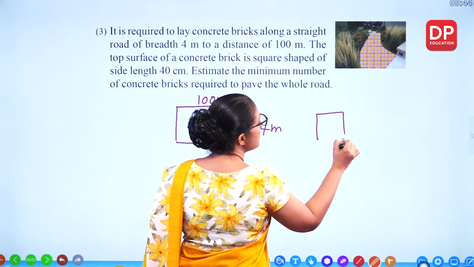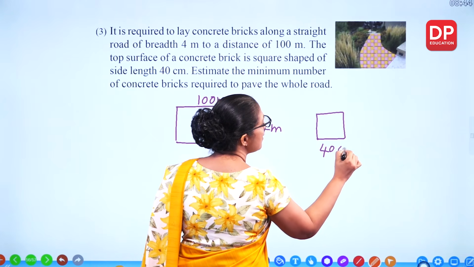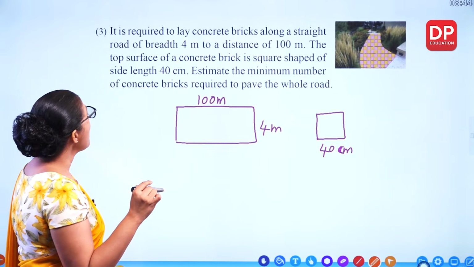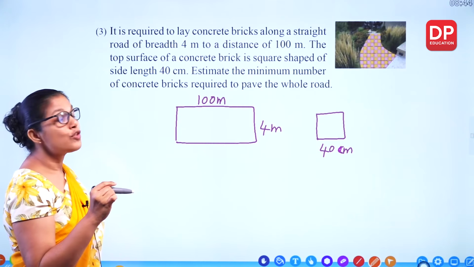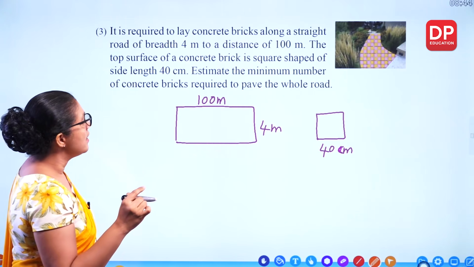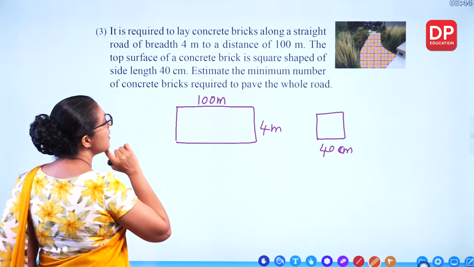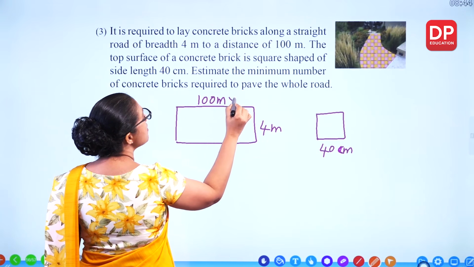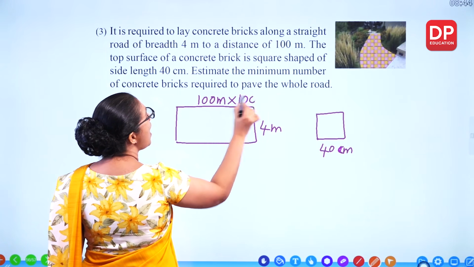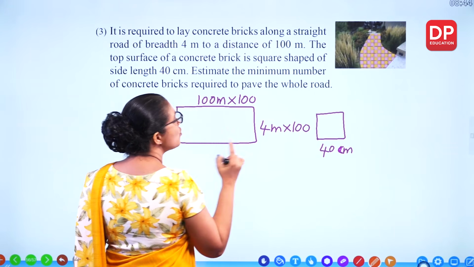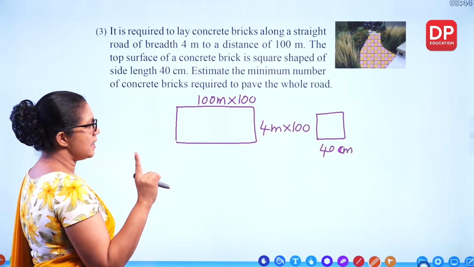Estimate the minimum number of concrete bricks required to pave the whole road. So here this is in meters, this is in centimeters. So we'll convert this to centimeters. You multiply by 100. Here also you have to multiply by 100 to convert to centimeters.